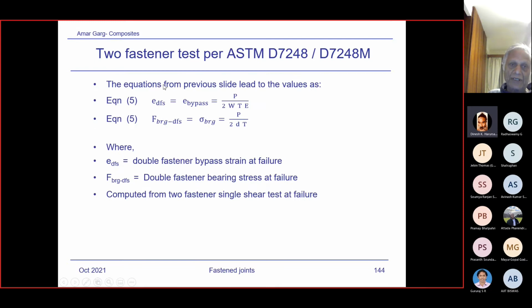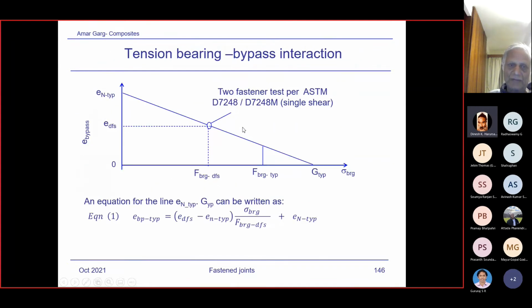So based on the test data, you get EDFS, that is failure strain for double fastener is equal to E bypass is equal to P upon this, and F bearing that is allowable for two fasteners test, bearing test is equal to this one. So these are, so it's all explained here. I won't go into the details.